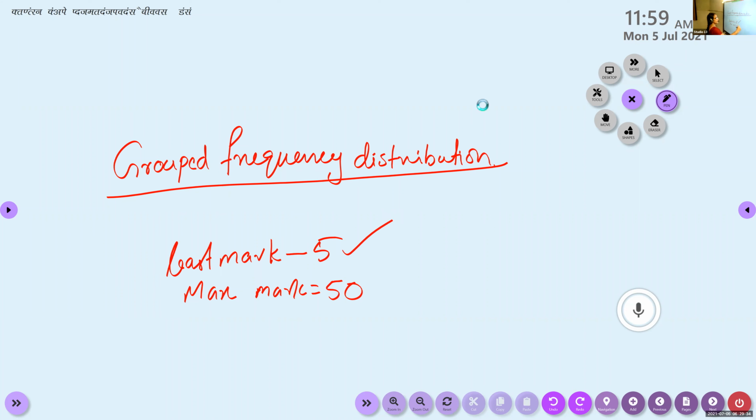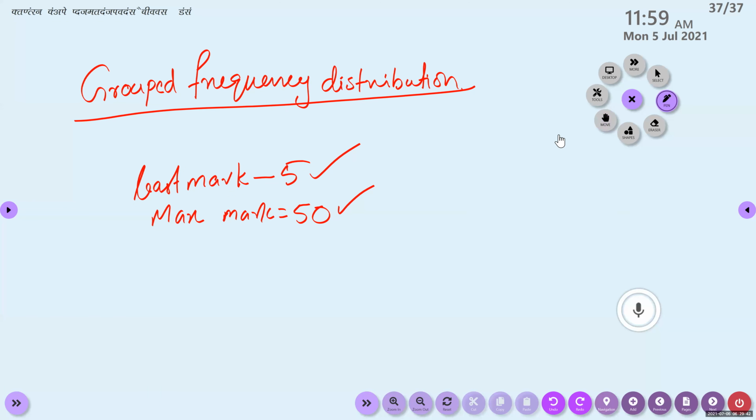Now we are going to divide the marks between 5 and 50 into some groups, so that all other marks will be included in some of these groups. I'll give an example.